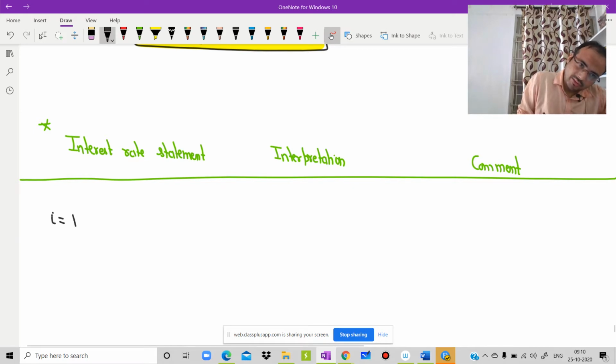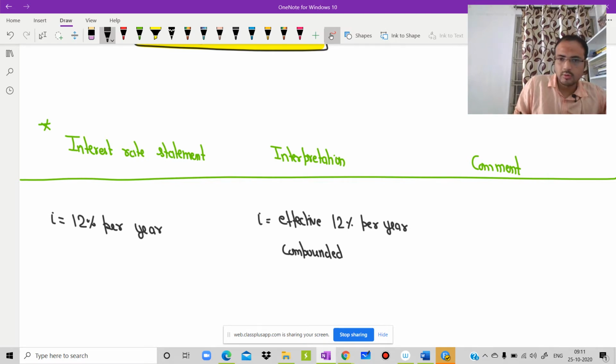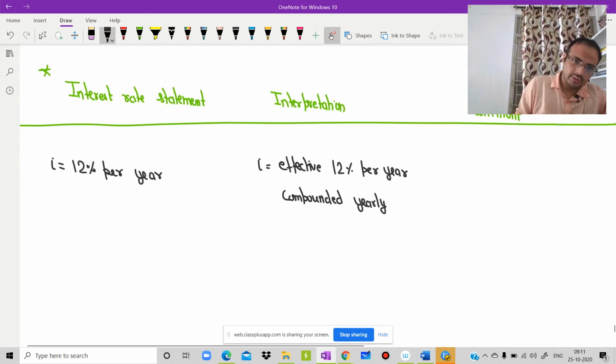Suppose we have I equal to 12% per year. What does it mean? It means I is equal to effective 12% per year, compounded yearly. Next point.